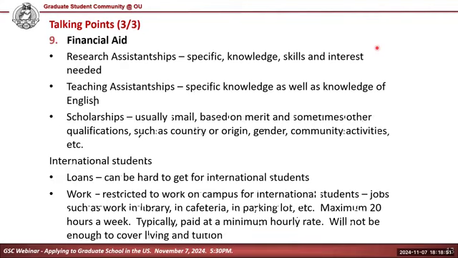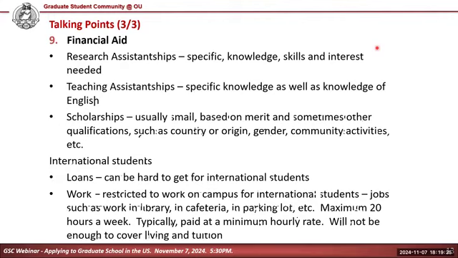Loans are very hard for international students. At universities like Berkeley, where I went, as I landed, I got a loan that is repayable. There's no interest, but it's very rare that you can do it. Most universities do not have the facility for international students to get loans. International students are restricted to work on campus, in jobs such as the library, cafeteria, or parking lot.